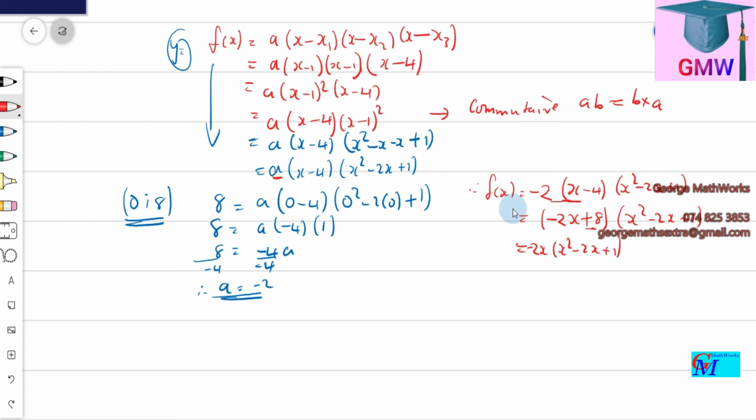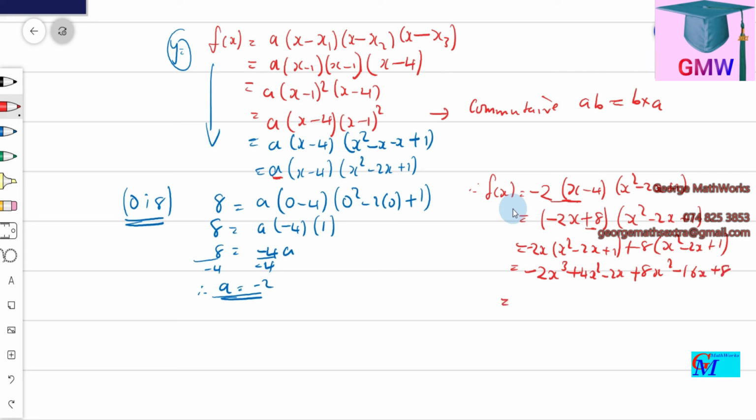Then you have this plus 8, also multiplying everything inside. To those who do not know the shortcut of expansion, you can follow it this way. So if I multiply here, I'll get minus 2x cubed, then plus 4x squared minus 2x plus, I'm on this one, 8x squared minus 16x plus 8.